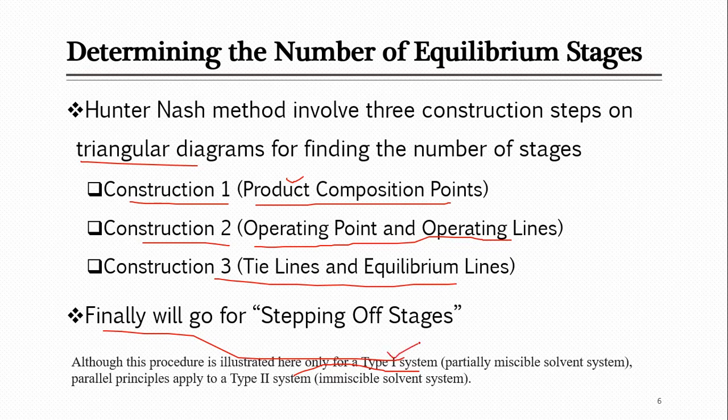Though we are going to use a diagram representative of type 1 systems, the same method can be adopted for type 2 systems. You remember that type 2 ternary diagrams are a bit different, but you can adopt all these steps and finally reach the number of stages required for any immiscible solvent system.